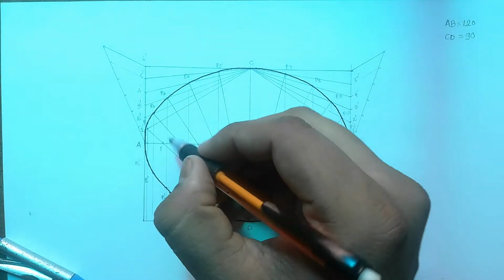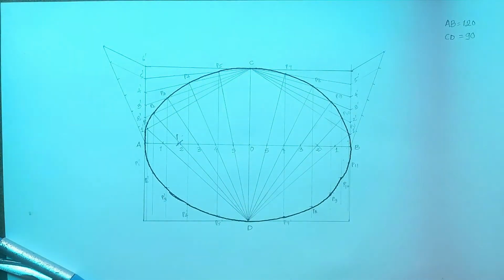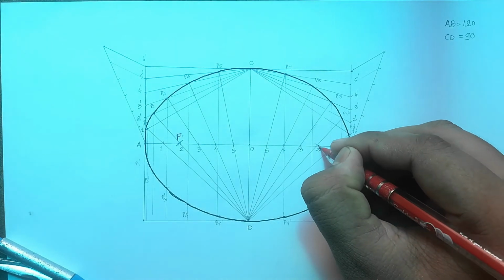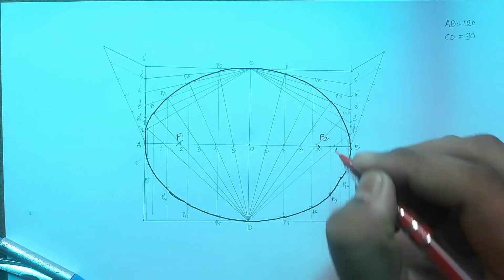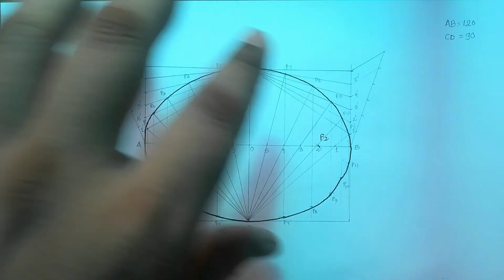So the intersections will give us focus number 1 and focus number 2.